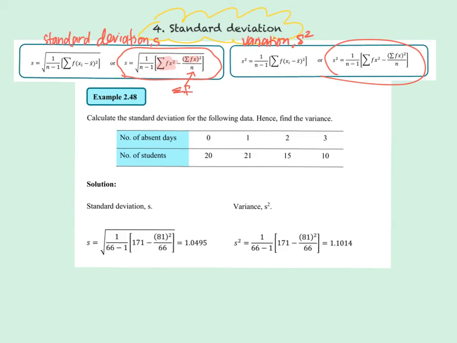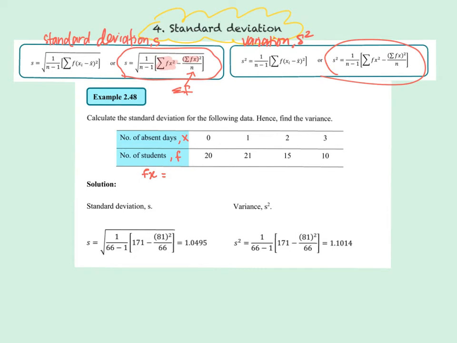So in example 2.48, calculate the standard deviation for the following data. So we have number of absent days, this is x, and number of students, the symbol is f, which stands for frequency. The first thing we have to find is the cumulative value for f multiplied by x. So the first one, 20 multiplied by 0.